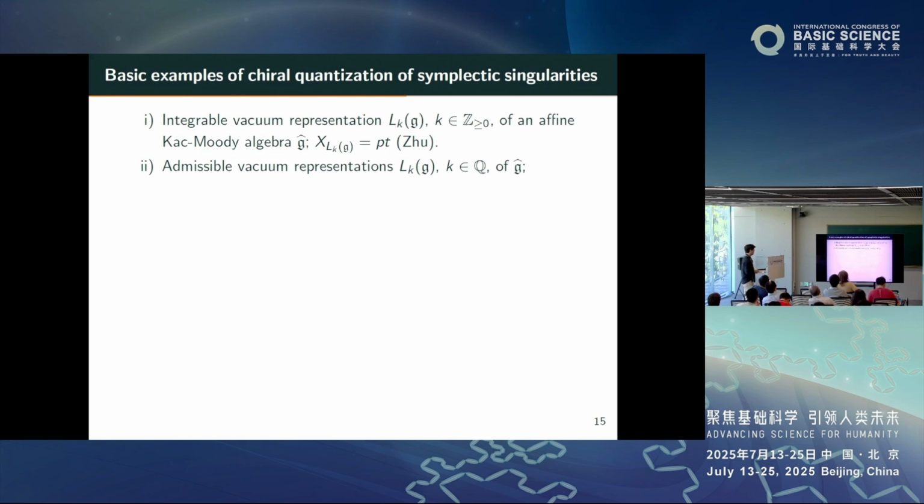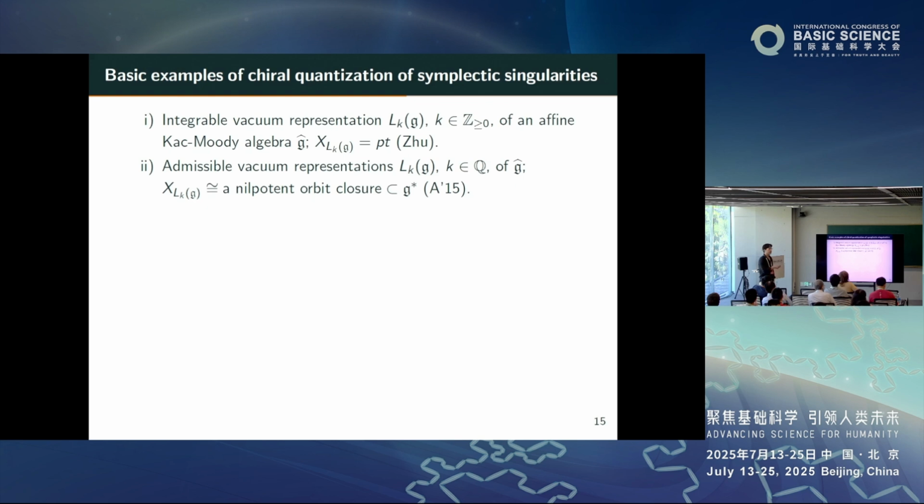And there is a natural candidate for such general representations. It's called admissible representation of Kac-Moody algebra. So this is a vacuum representation whose level is some rational number satisfying certain conditions. And for this, one can show that the associated variety is a nilpotent orbit closure, which is a symplectic singularity if it's normal.